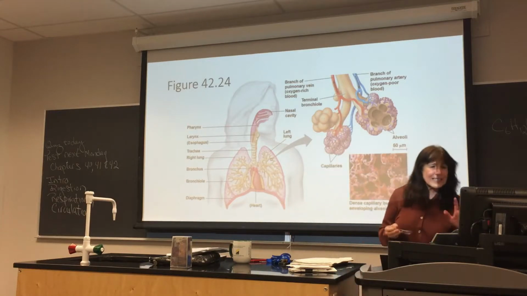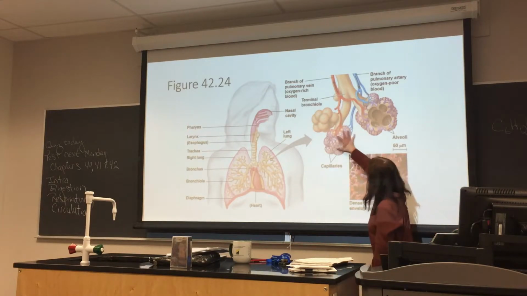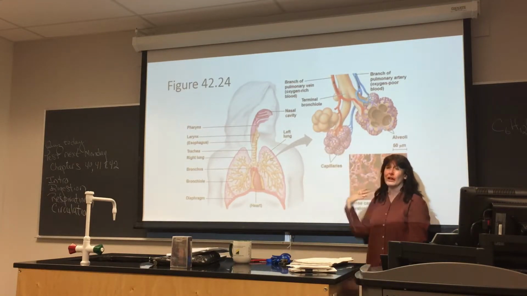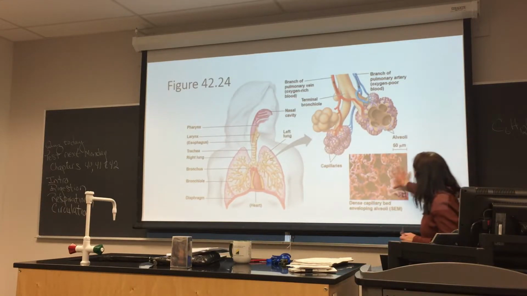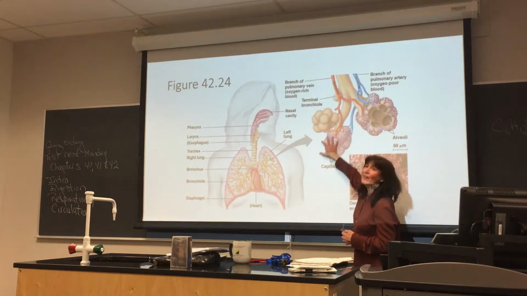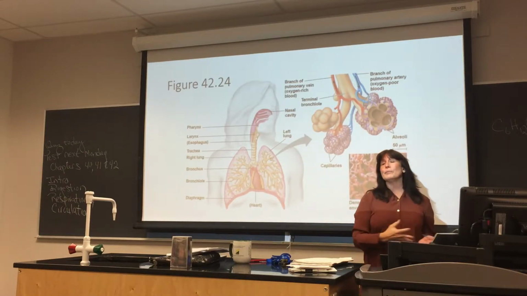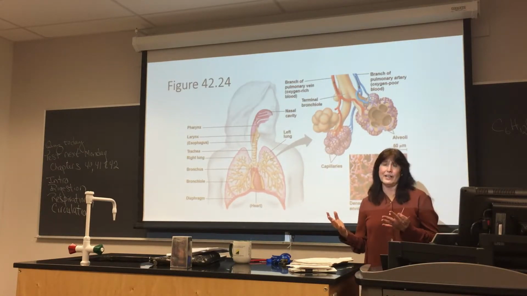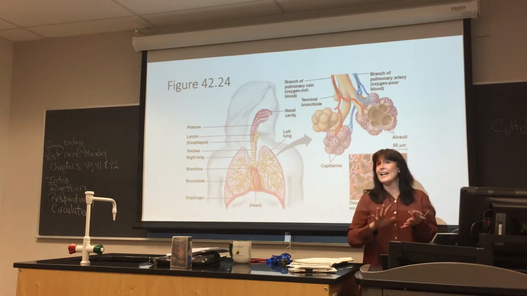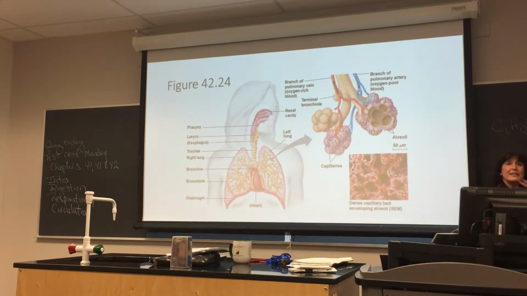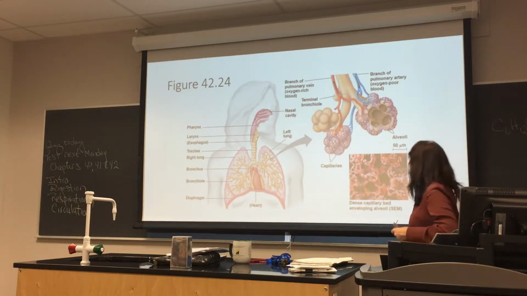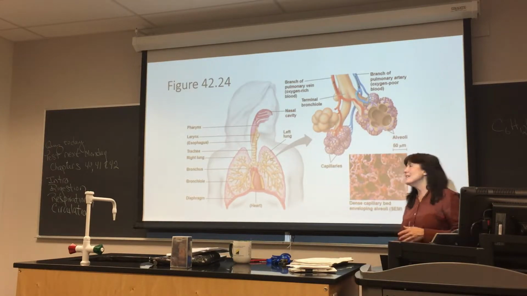All right, so just to also take a look, this is where the gas exchange is going to occur. There's a lot of capillaries that are going to be surrounding the alveoli. And it's going to be bringing that deoxygenated blood, that blood that has carbon dioxide that was given off by the systemic cells of the body, to get rid of that carbon dioxide.